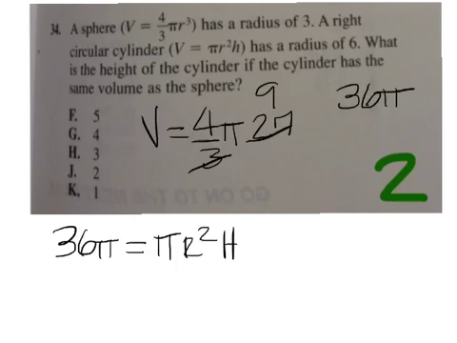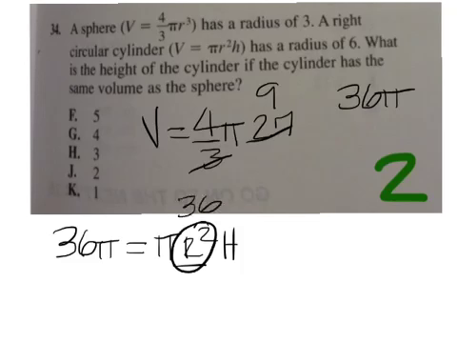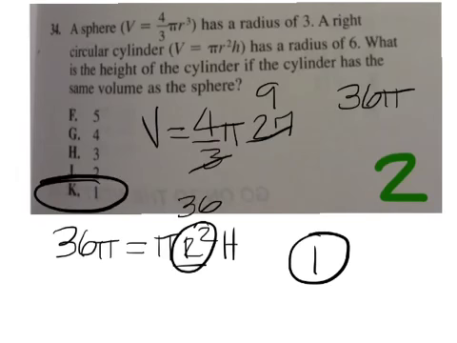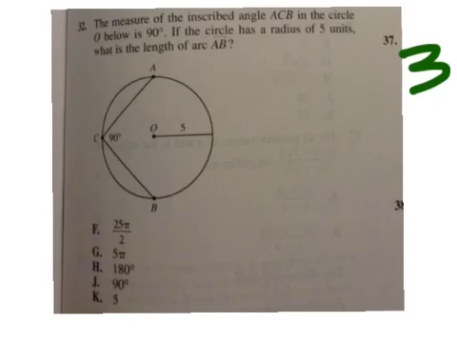Now, what about the r squared in here? Yeah, you're going to put in a 6 in there. 6 times 6 is going to be 36. So the height of it would have to be what? 1, yeah. So that'd be K. We have 4 answers. 3 are different. We have G, H, H, and F.